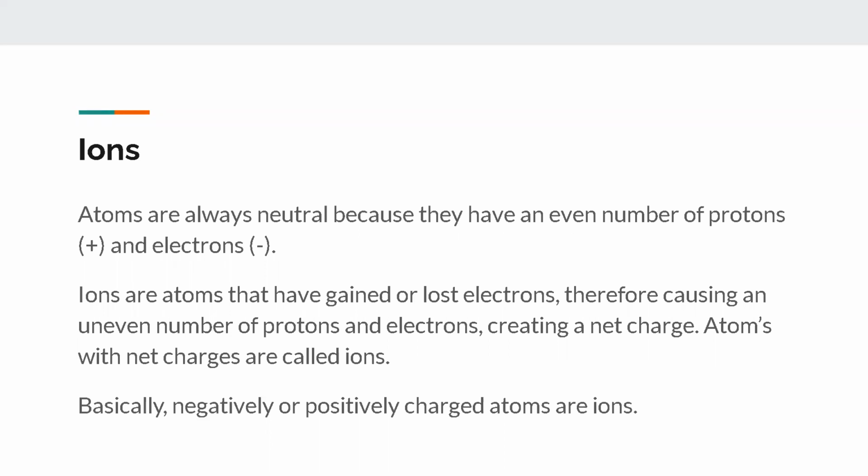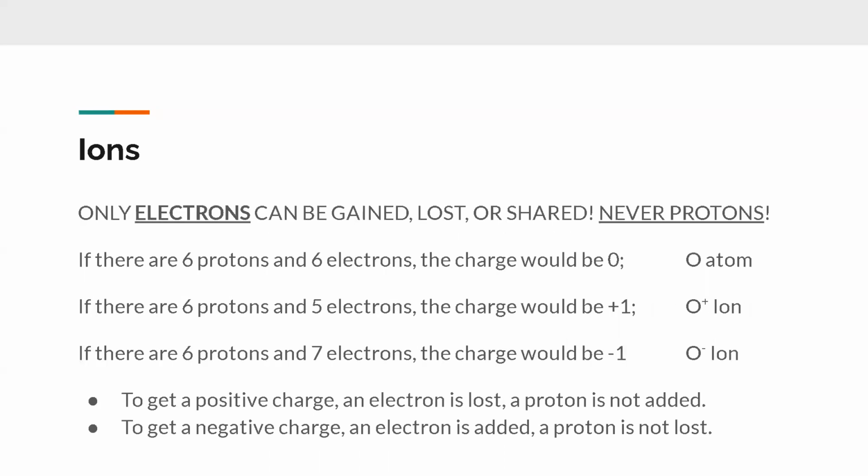For example, if there are 6 protons and 6 electrons, it would be an atom because it's neutral. If there's 6 protons and 5 electrons, the charge would be +1, therefore it's a positive ion. But if there's 6 protons and 7 electrons, the charge would be -1, therefore it's a negative ion.